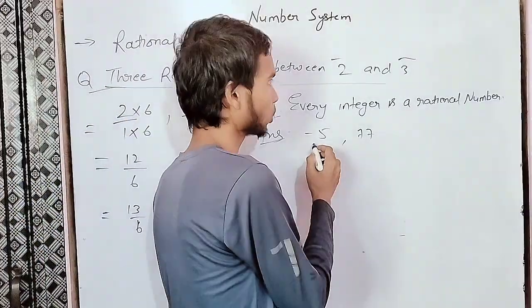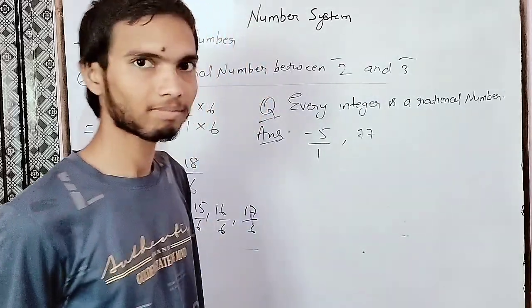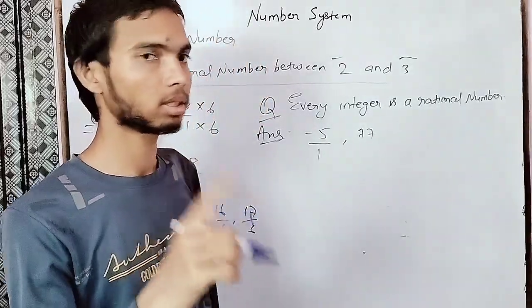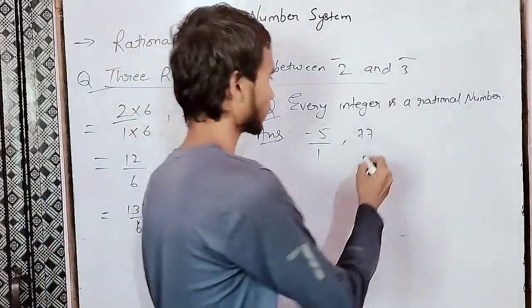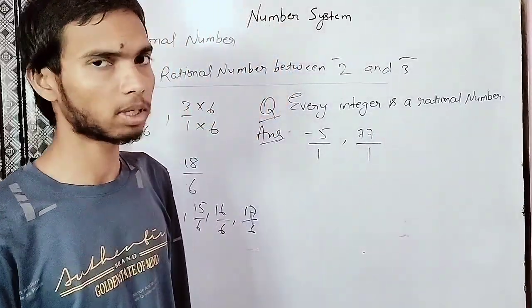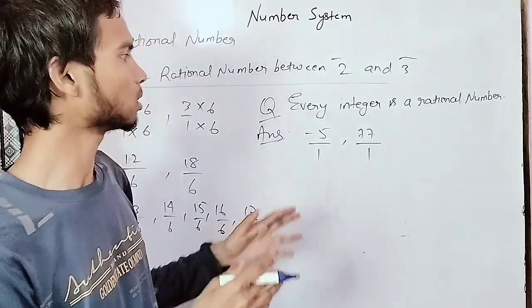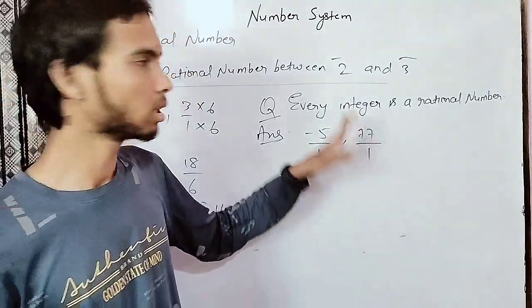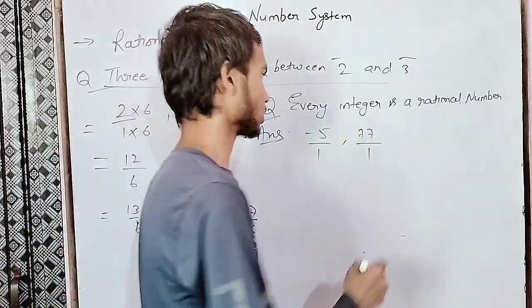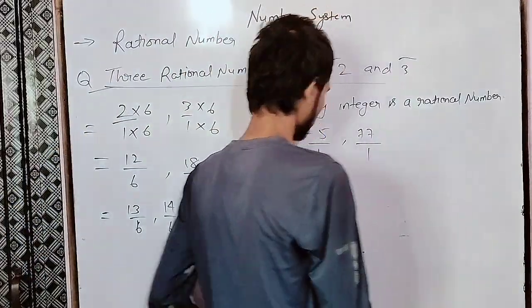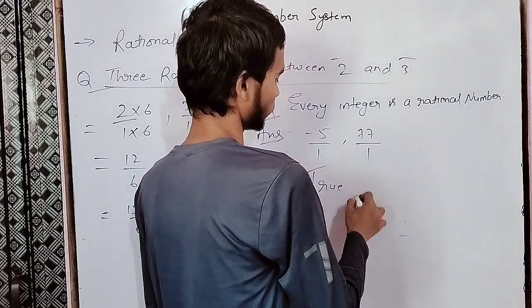It can be written with 1 hidden in the denominator. So it is true that every integer is a rational number. Final answer: yes, true.